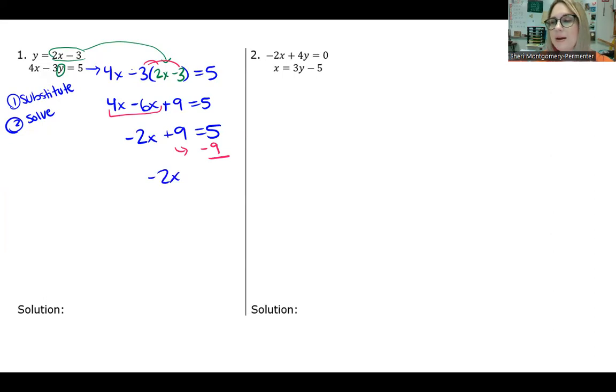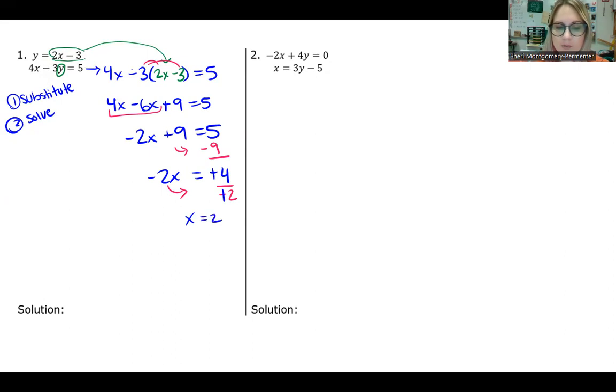So what is 5 minus 9? -4. And I have one last step. Divide. Divide by -2. What is a negative divided by a negative? Positive. And what's 4 divided by 2?